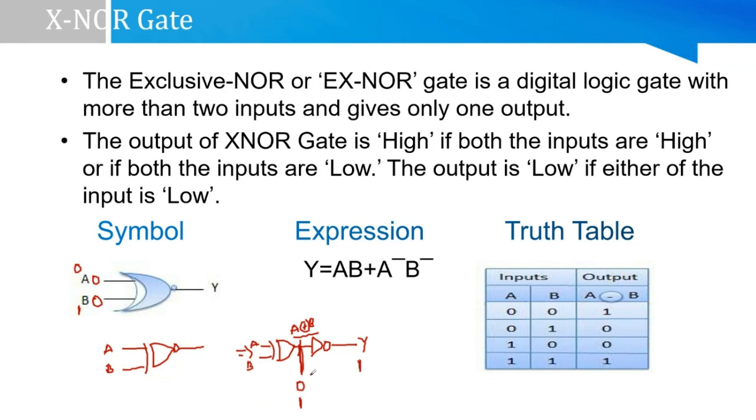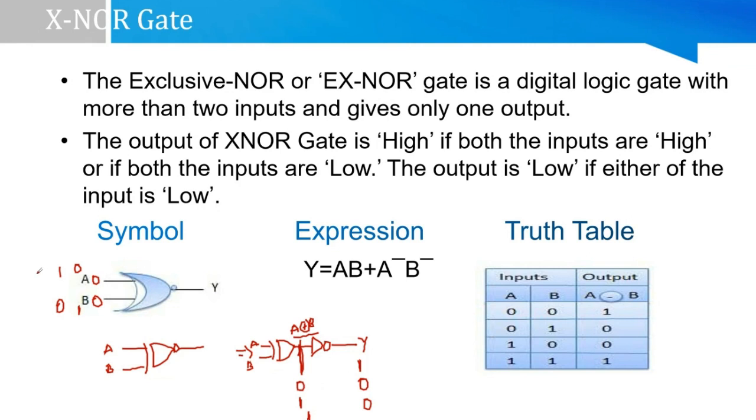For the XNOR, it will be inverted, you will get it as a 0. Similarly, when it is having a 1, 0, for the XOR, what is the output? 1, right? So 1 will be inverted, it will be having a 0.